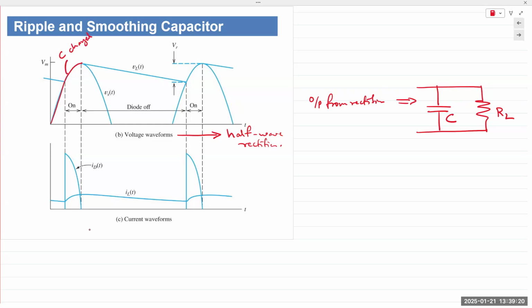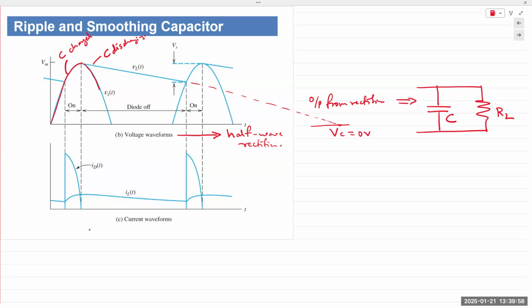Now, when the diode voltage starts dropping, meaning this portion here, that means the capacitor is discharging, right? If we look at only one half cycle, the capacitor would discharge all the way to 0. VC would be equal to 0 volts at some point in the future.